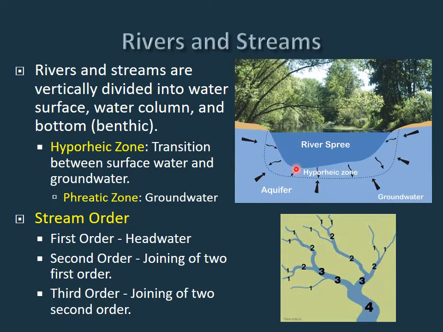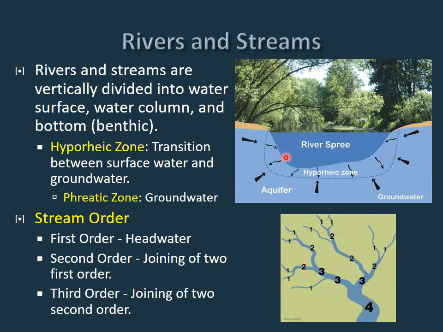So you have your water column here, this depth, and then the benthic, or along the bottom, of the river. When you get to the sand or whatever type of sediment you have at the bottom, that's called the benthic. And so different organisms will live in the benthic area compared to in the open water column.